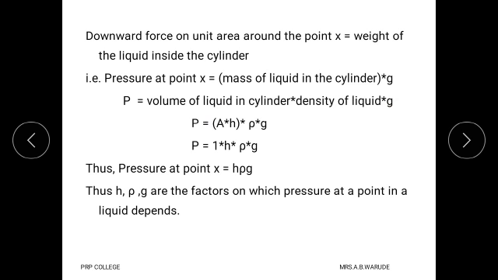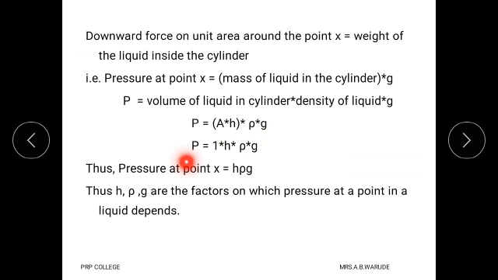But as we know, when we find volume, its formula is length into breadth into height, and length into breadth is equal to the formula of area. Therefore, instead of length into breadth we write area into H, that is height, into rho, meaning density of liquid, and G as it is.